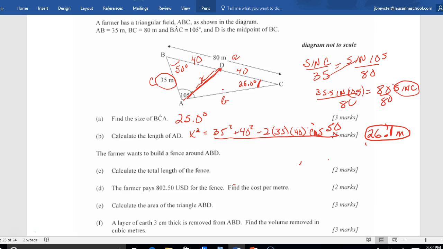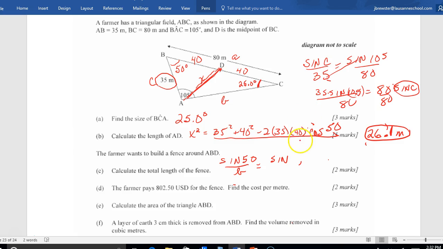So the easiest way to do that is just go back to the original triangle and see if we have pairs of opposites. So 50 and b are opposite, and 105 and 80 are opposite, so we can use the law of sines. So the sine of 50 over b, little b, equals the sine of, which one do I want to use?